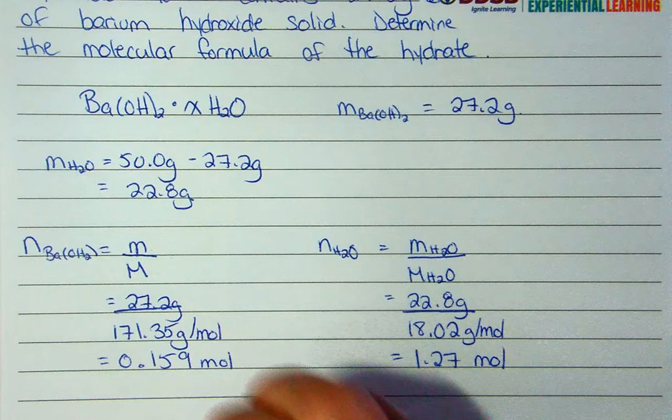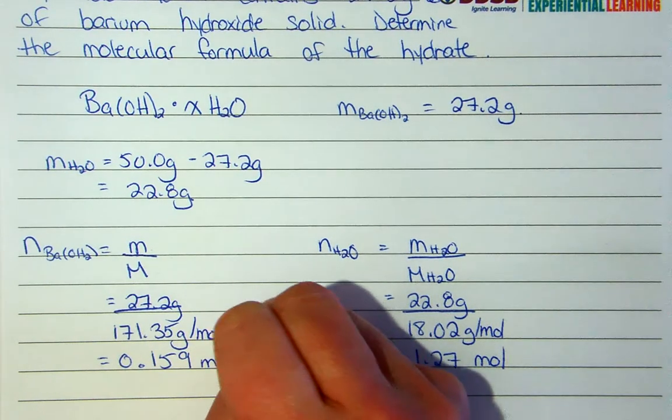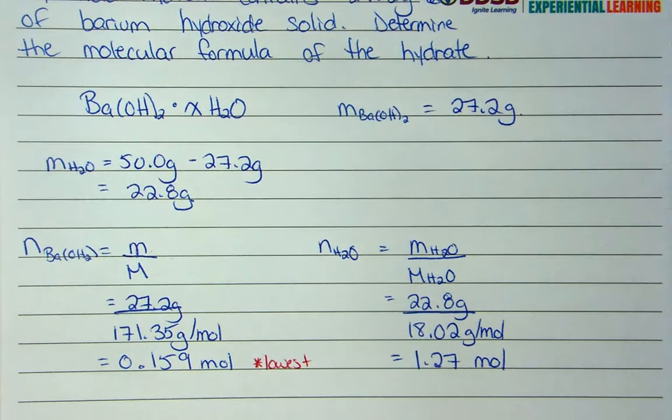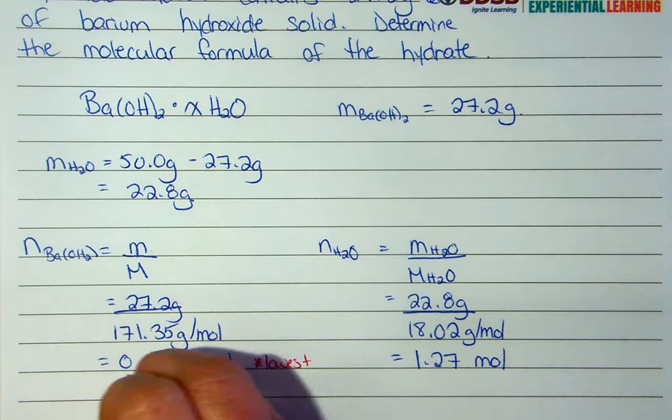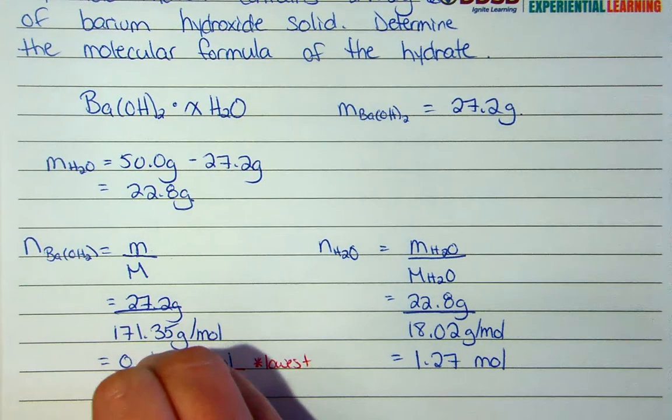Just like for empirical formula, we're going to identify the lowest of the molar amounts, and we're going to divide both of them by that value.